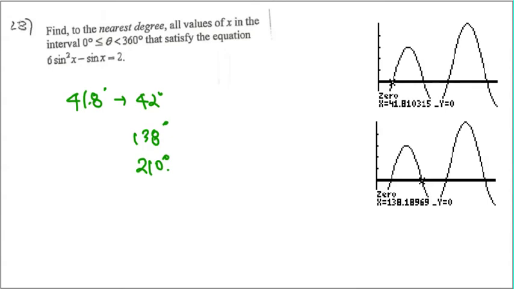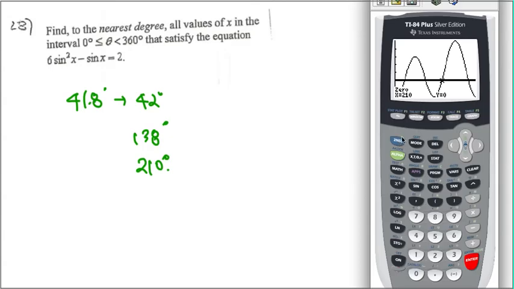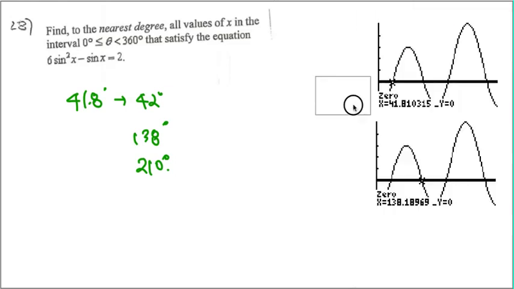The last one. Number 2. Right bound has to be past that once again. And 330.